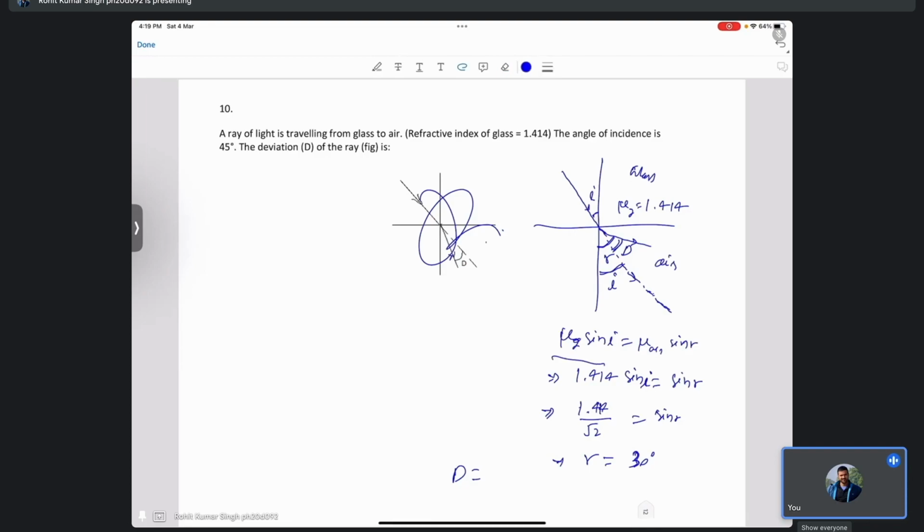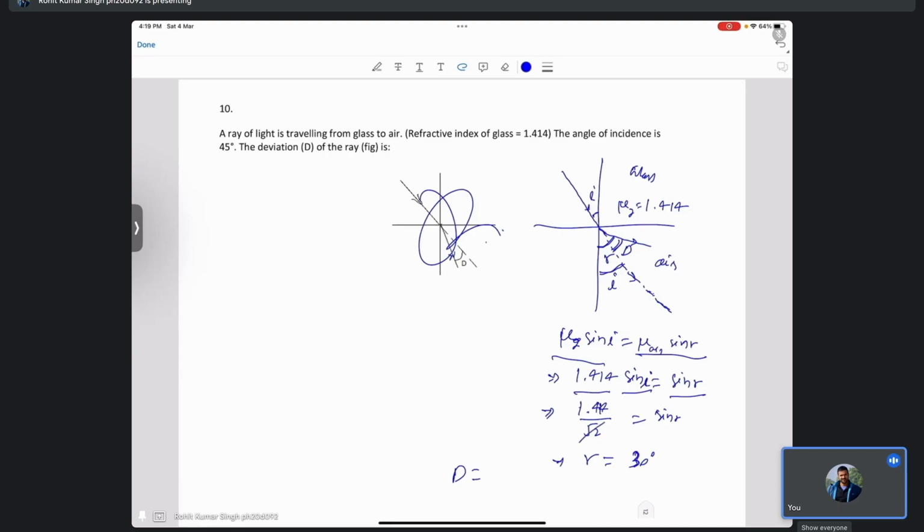Mu G sin I equal to mu air sin R, right? Then mu G is 1.414 sin I, 1 sin R, and sin 45 degrees is 1 by root 2, correct? And root 2 is just 1.414, right?